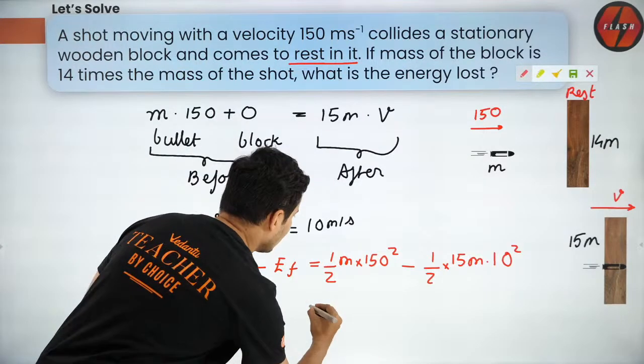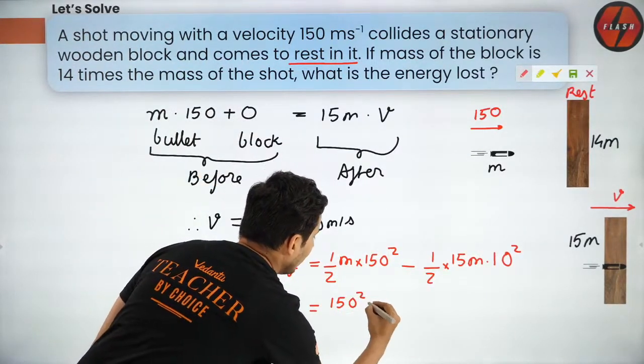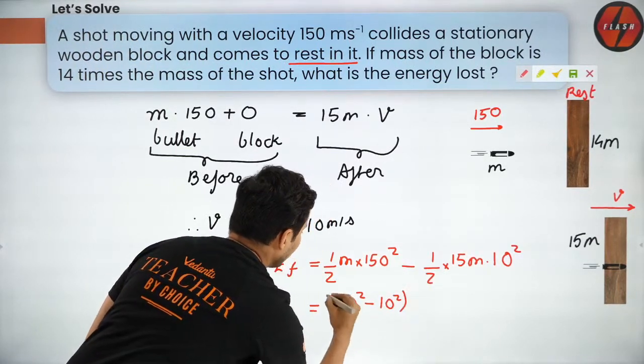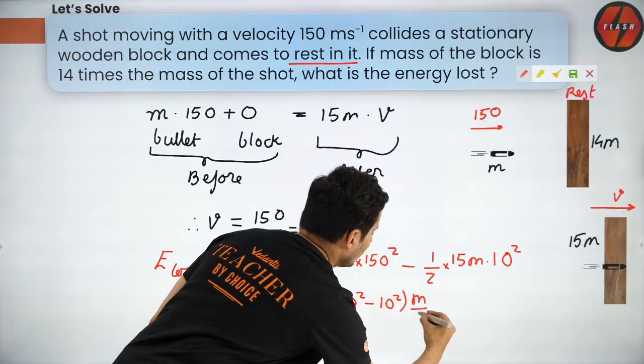So just rearrange it and you will get 150 square minus 10 square, and you will have m by 2 over here.